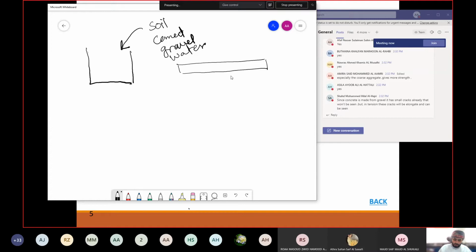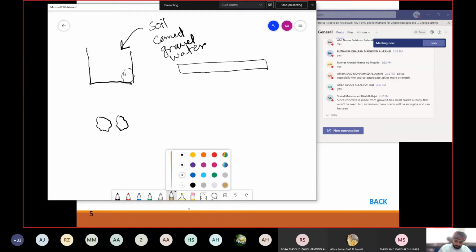Now, if you take a small portion zoomed at any portion of your concrete tube, you will see that we have a gravel, and then we have another gravel, and between these two gravels there is, let's say, the sand trying to fill the gaps.